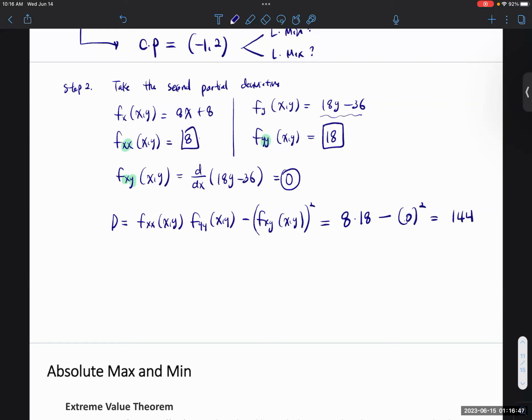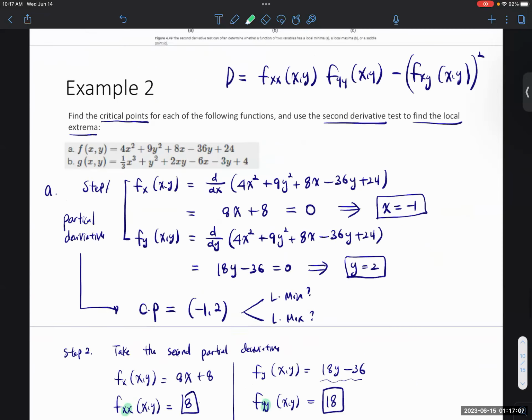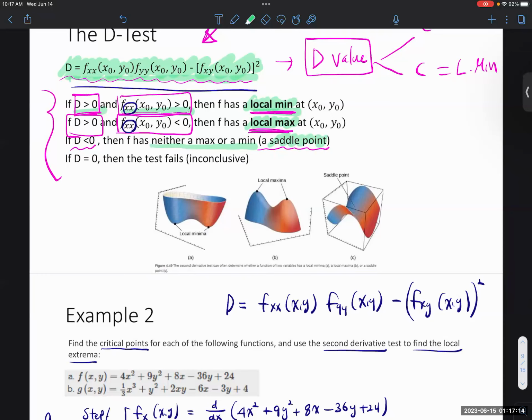D is 144. So we found the D value is 144, which is positive, and your fxx, which is 8, is also positive, correct? So you have this scenario, both positive, go up, up, up. If both are positive, then that critical point is determined as a local min.